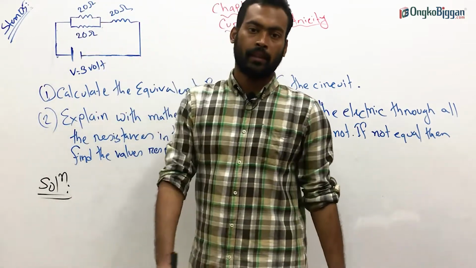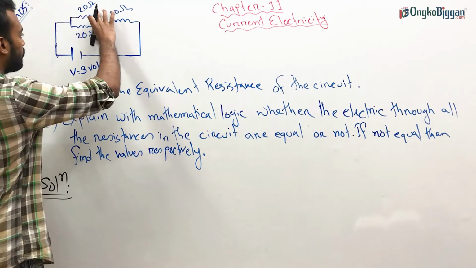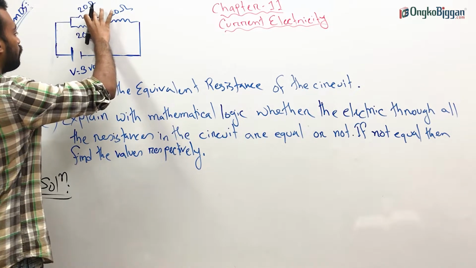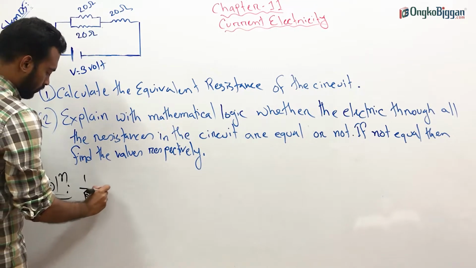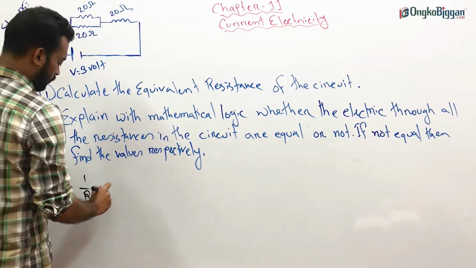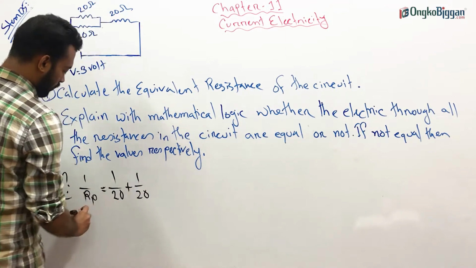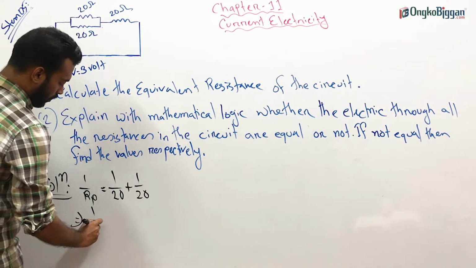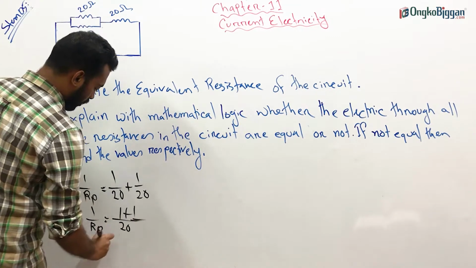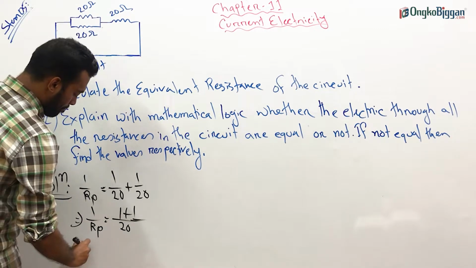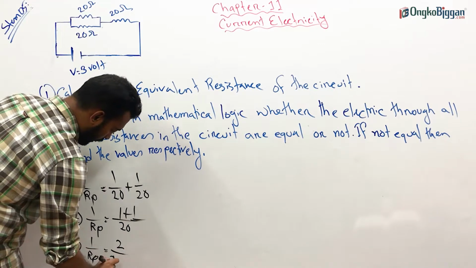this and this are in parallel connection. So let's find the equivalent for these two resistances at first. 1 by Rp is equal to 1 by 20 plus 1 by 20. Rp is equal to 2 by 20.